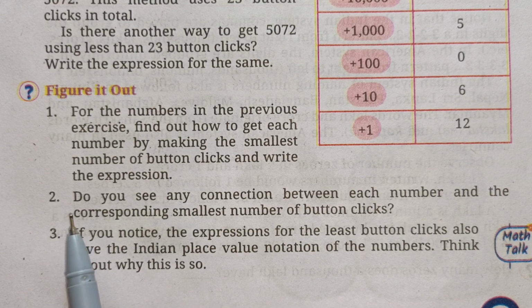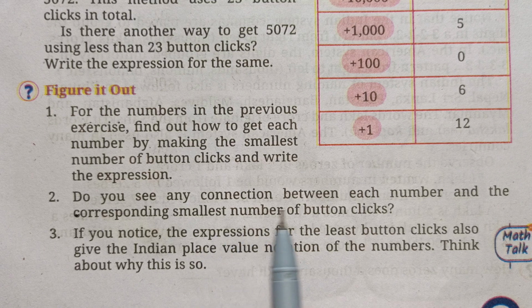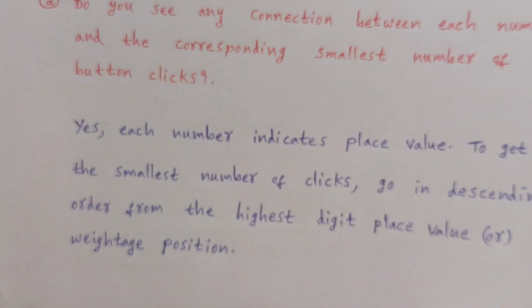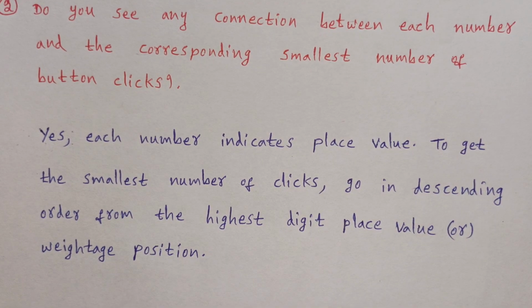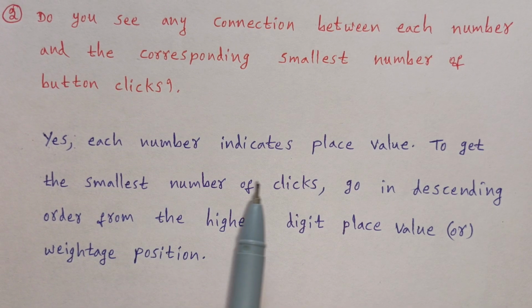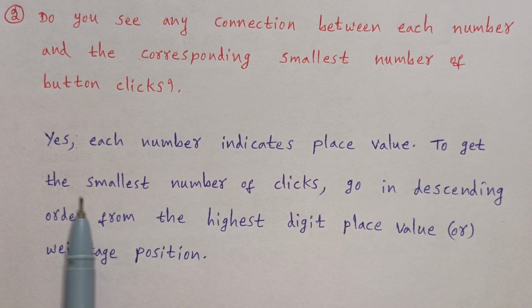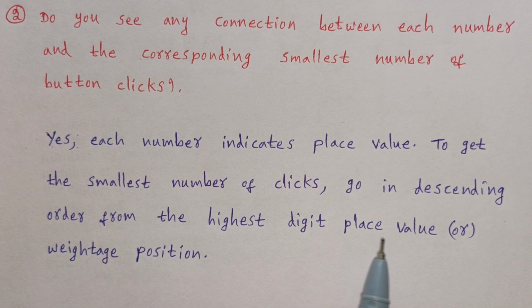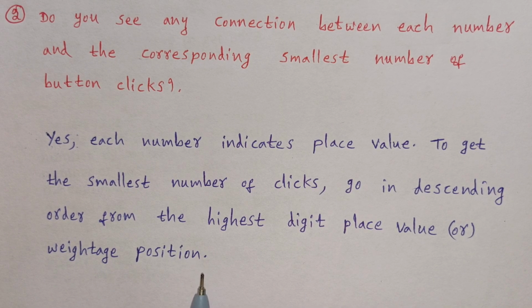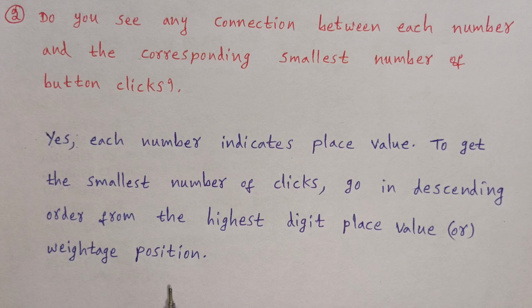Next, in this second question, Figure It Out: do you see any connection between each number and the corresponding smallest number of button clicks? So here I wrote the answer in a sentence. Yes, each number indicates place value. To get the smallest number of clicks, go in descending order from the highest digit place value or weightage position. For example, 1,30,000 is here.